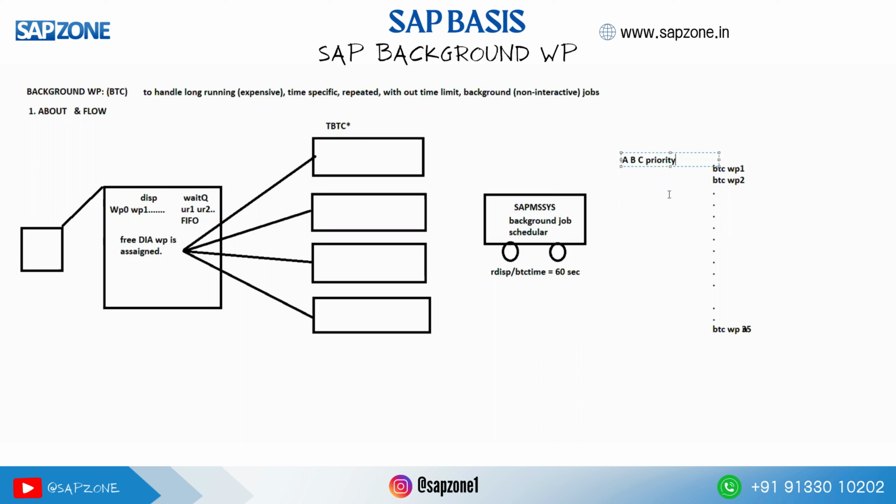Who will get the food first? Even if I gave it a few minutes before, Kohli will get it first, am I right? Because priority matters here. But when entering, it's based on the first in, first out wait queue. The scheduler will assign the background work process. The work process will finish the task and give the output back to the dialog work process.